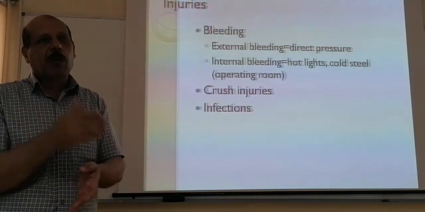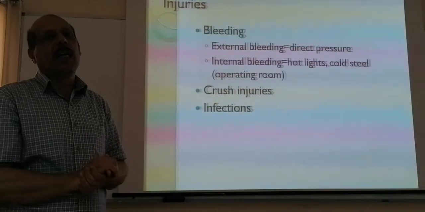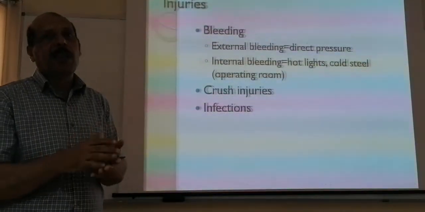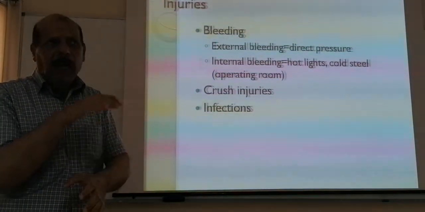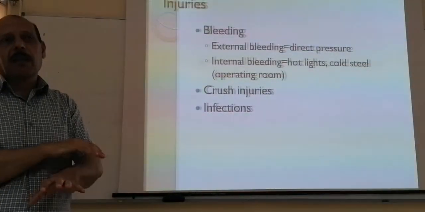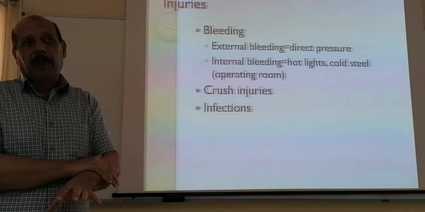Because we are first aiders, we are working with the available things. If gauze is not there, we have to use a clean cloth and apply direct pressure over it until the bleeding is stopped.